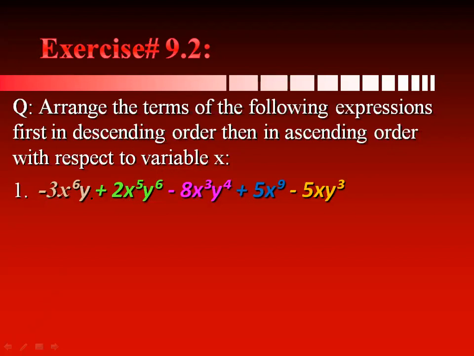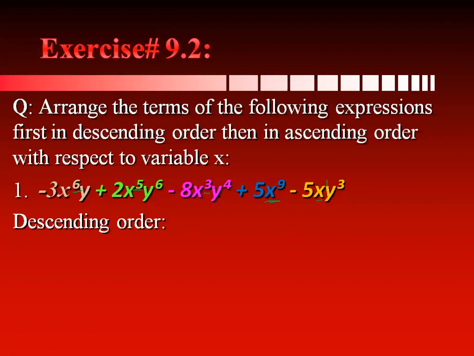So let's check which is the greatest power of variable x here. Here you have 6, 5, 3, 9. The greater power of x is 9. After that, the greater power is 6, then 5, then 3. And what about this one? Here the power of x is 1. First of all, we are going to arrange it in descending order. So what will be the first term?